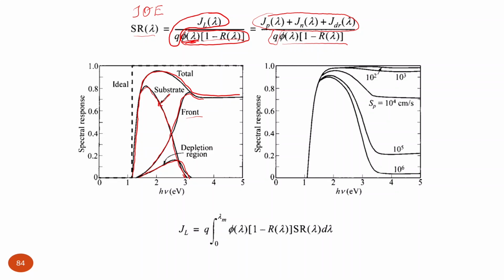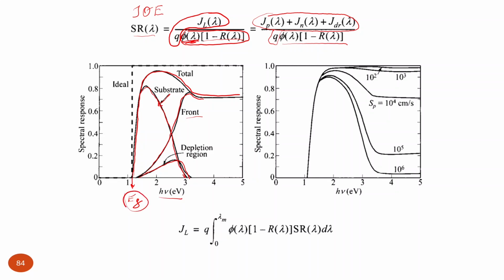And we see that ideal is this dashed line. It should start at the wavelength which corresponds to the band gap, when we take the energy of photons which corresponds to the band gap.